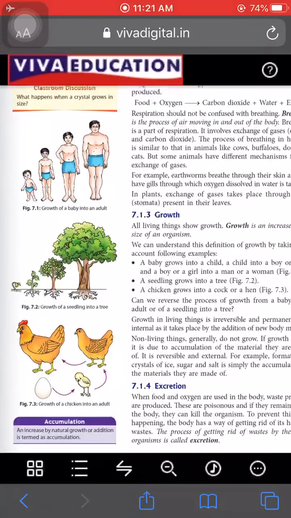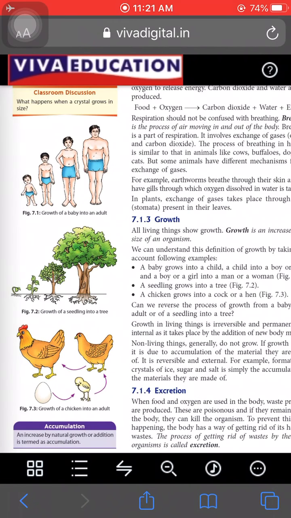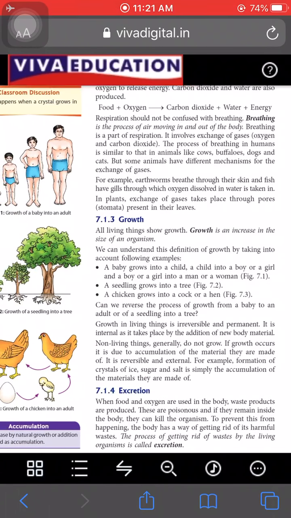Similarly, in the growth of a seedling into a tree, firstly we sow a seed into the soil, then the seed grows into a baby plant, and it also increases in size. All living things can grow or increase their size. But non-living things do not grow or show any increase in size.